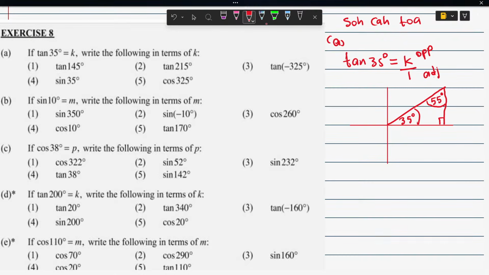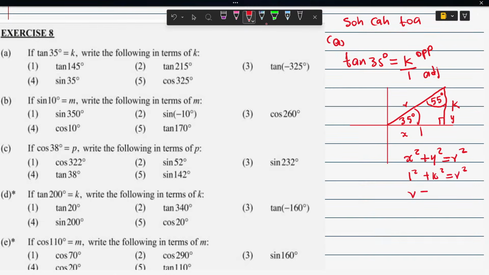So with that information, remember tan is opposite over adjacent. So it's K here, K over adjacent. Then you put 1 there. So it's K over 1. So this is X and this is Y and this is R. Now you are looking for R. So you're going to say X squared plus Y squared is equal to R squared. 1 squared plus K squared is equal to R squared.